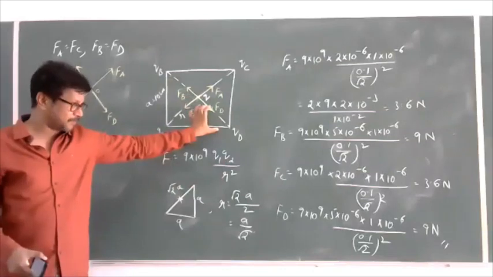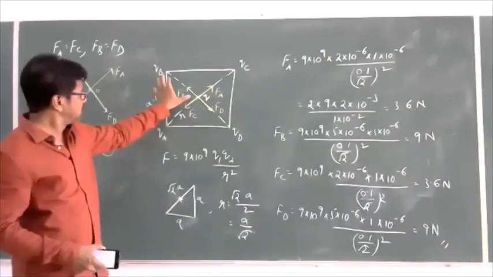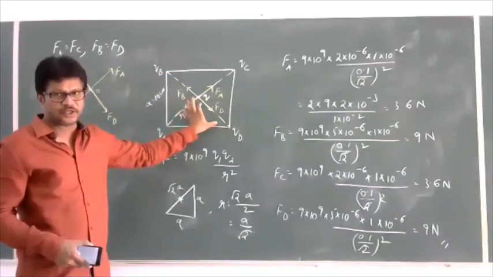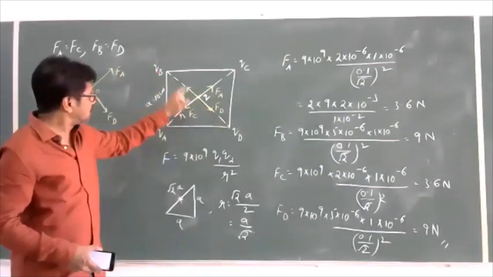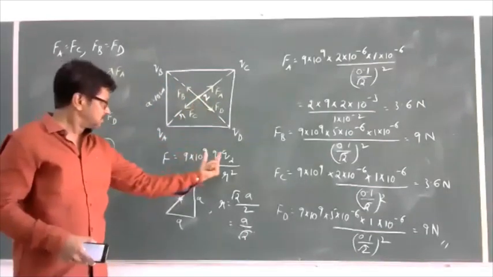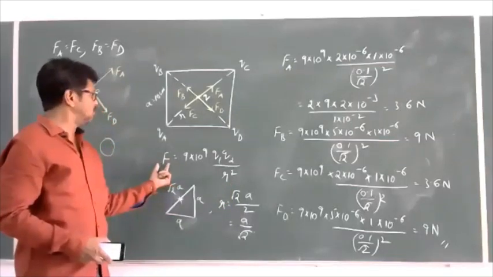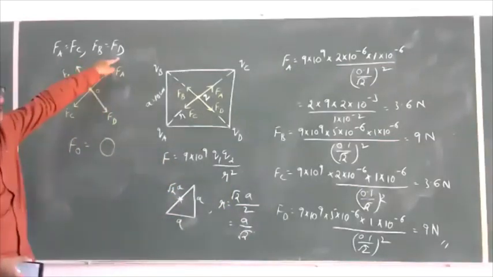Distance is also same. So without solving, we can say that FB is equal to FD. Why? Because the charges are same and the distance is also same, so the force will be same.